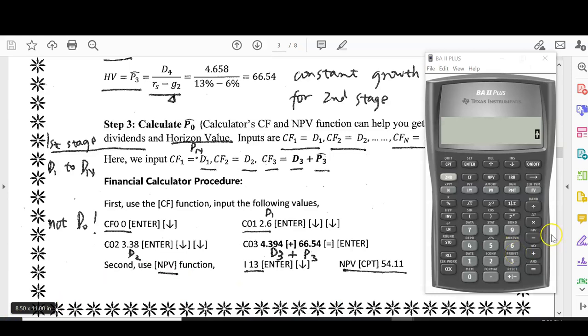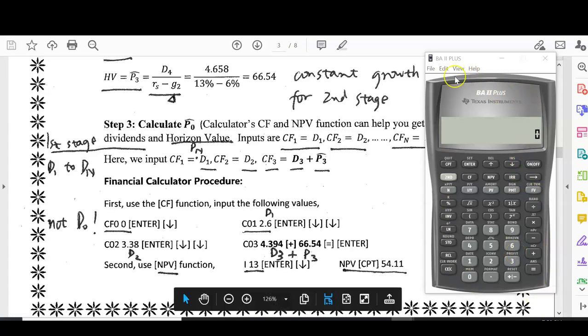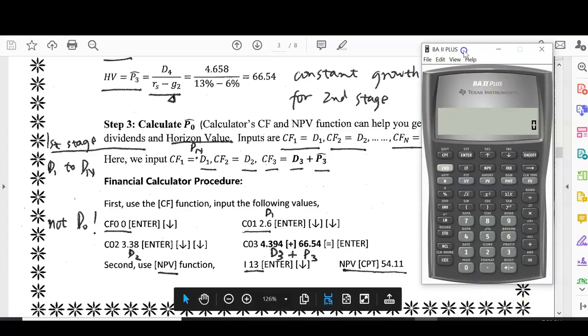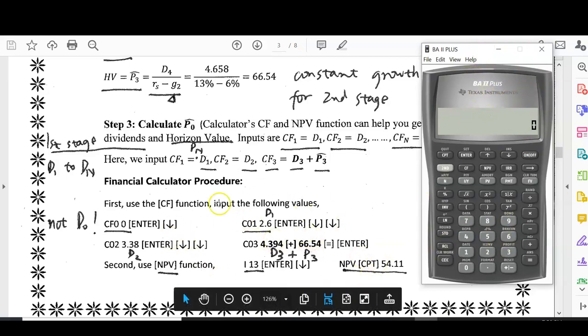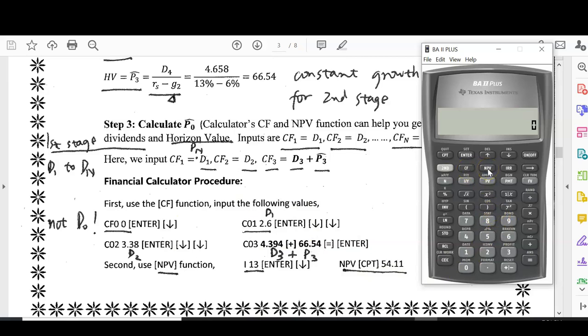So you can see that I just have the BA II Plus Texas Instruments financial calculator emulator on the screen. I'm going to show you how we can calculate P0 by using this financial calculator. This is helping you to review the cash flow function in NPV.